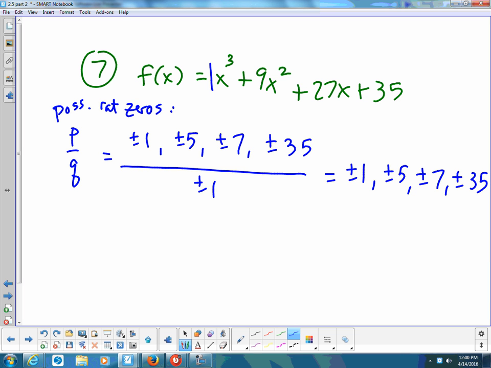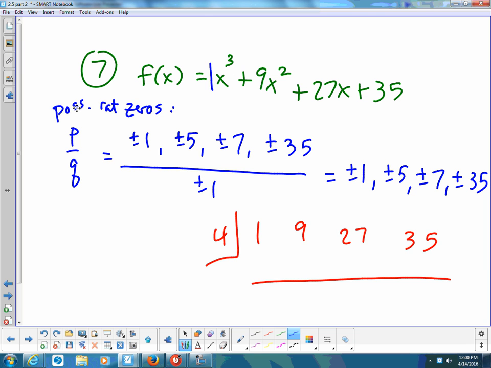We could determine right now if there's any real zeros, let's say to the right of 4, for example, to know whether I can rule out any of the positive 5, positive 7, and positive 35. Does that make sense? If we do the upper bound test, I can plug in 4, for example, and 1, 9, 27, 35.